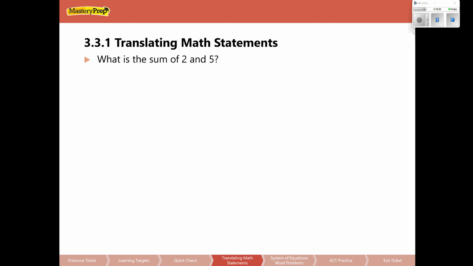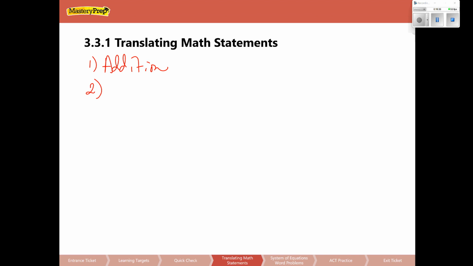So, the first one, what math operation do you think the words such as together and combine both translate to? Together, combine, what are we talking about? So the first one would be addition.